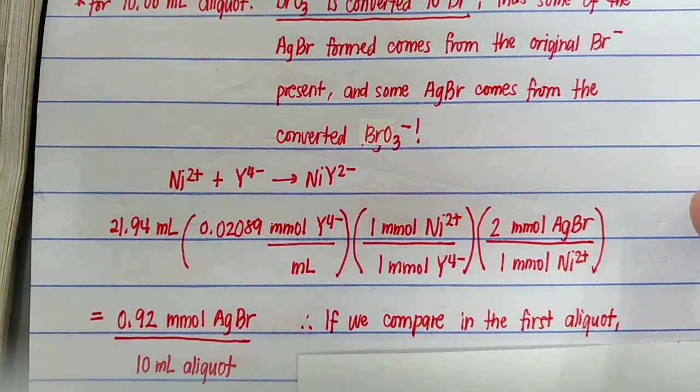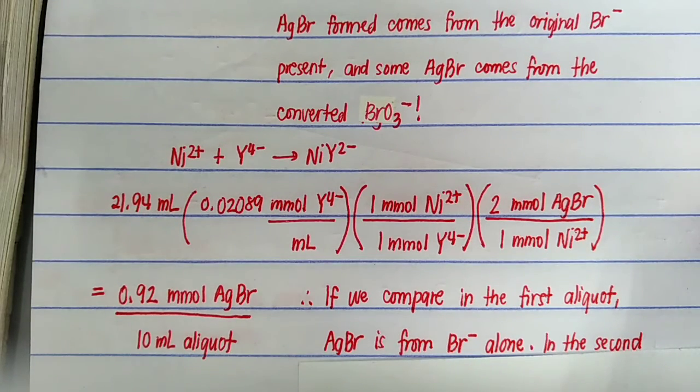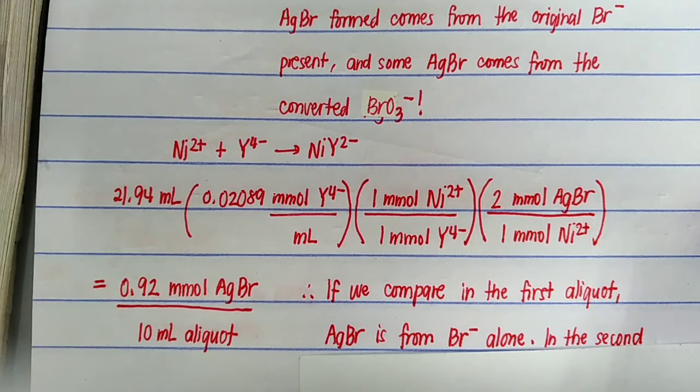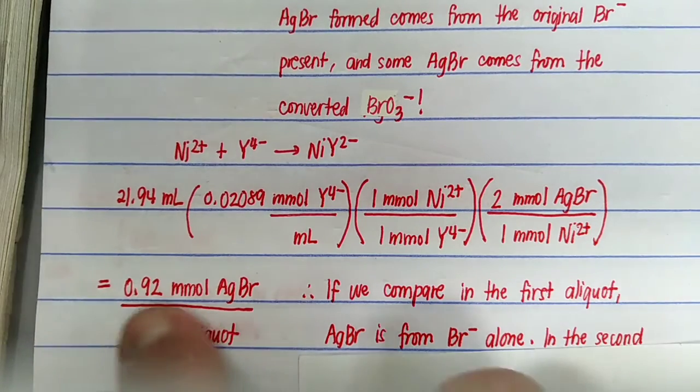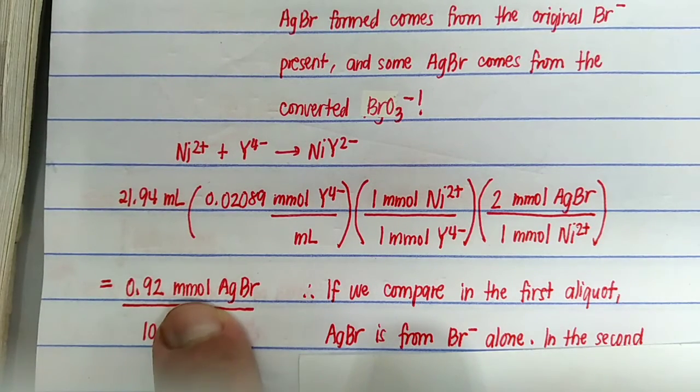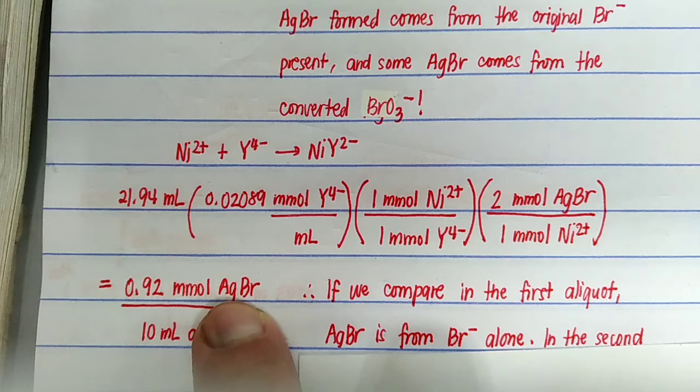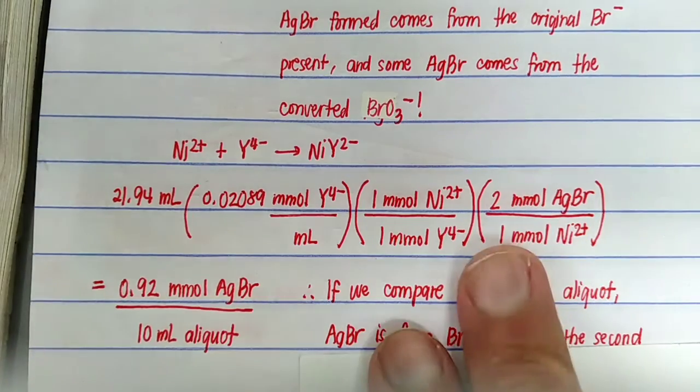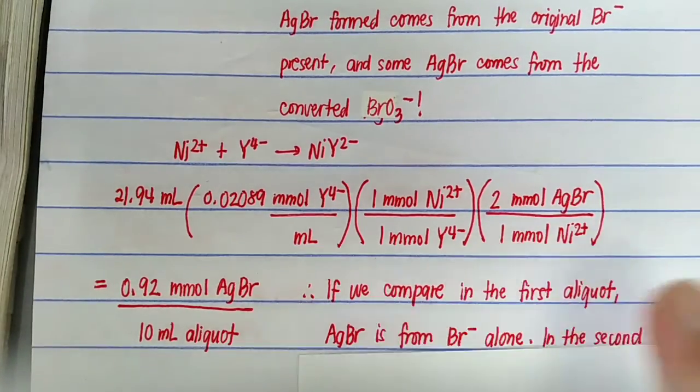And so now, if we compare in the first 25 ml aliquot, AgBr is formed from the bromide alone. While in here, this 0.92 millimoles of silver bromide came from both the bromide and the bromate.